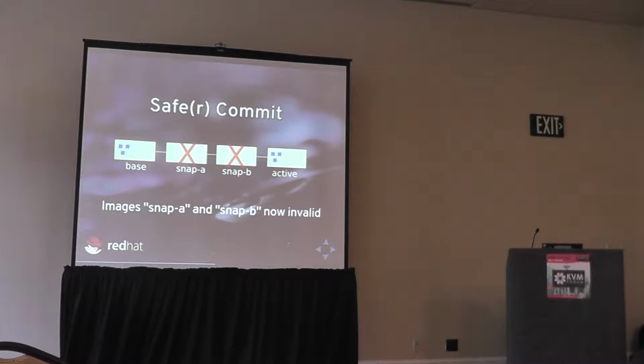However, those two images become invalidated because they'll get dropped from the chain. The idea is you're doing this commit so that you can push all the data from here, here, and here down into the base, and then you drop snap A and you drop snap B from the chain. However, you might have the block commit operation fail from, let's say, a disk I/O error, or if you're doing it over a network file system, a network error.